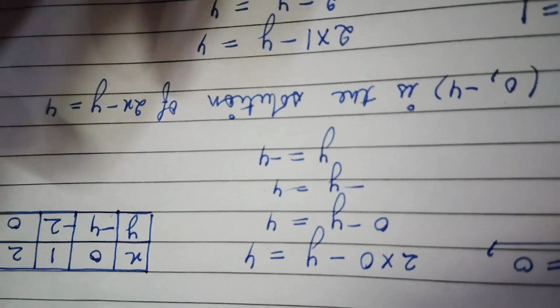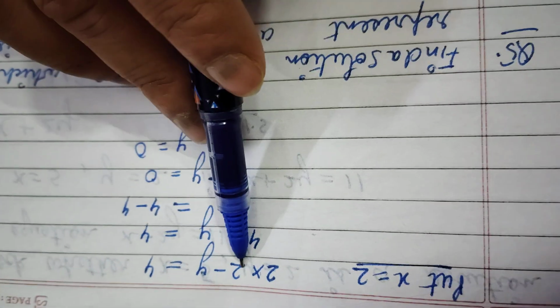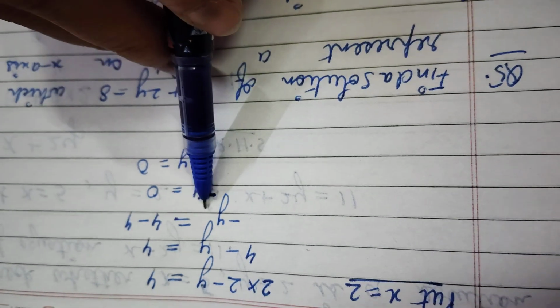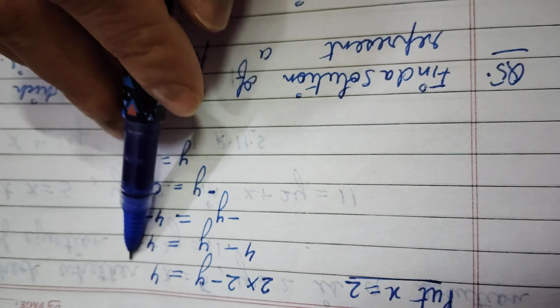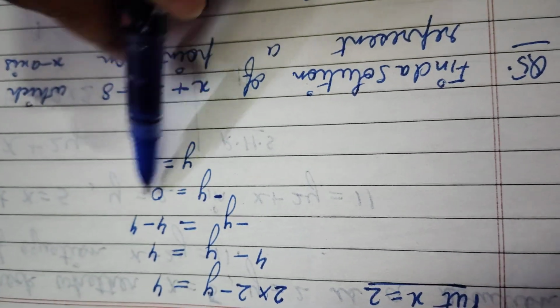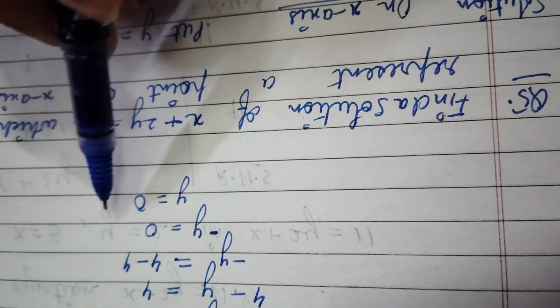Third solution, we are putting x equal to 2. 2 into 2 minus y is equal to 4. 4 minus y is equal to 4. So minus y is equal to 4. By the transposition rule, plus will become minus here. So 4 minus 4 is 0, and minus y is equal to 0, so y is 0 only.